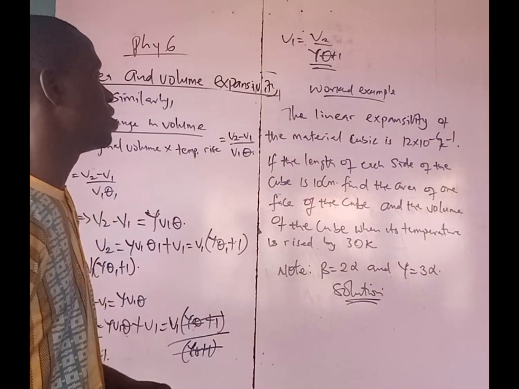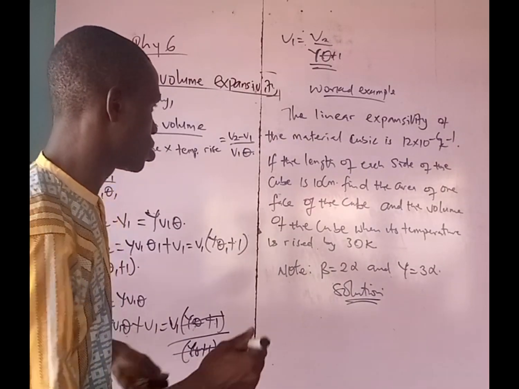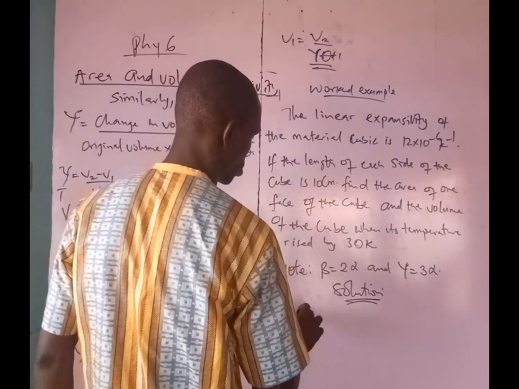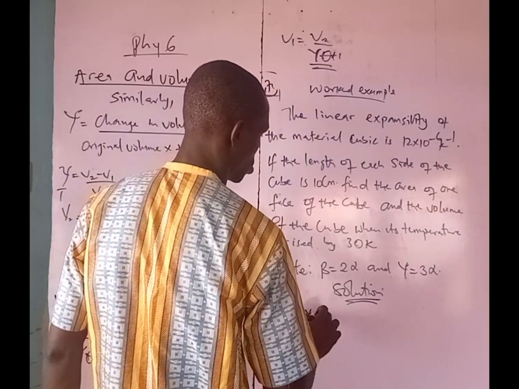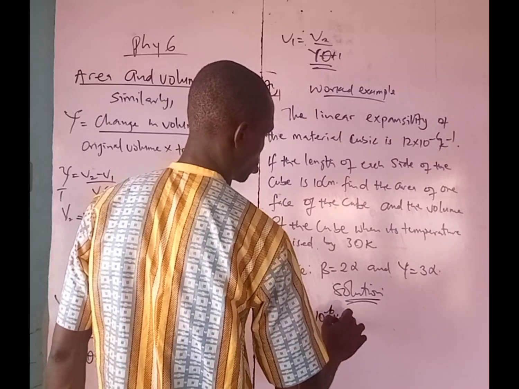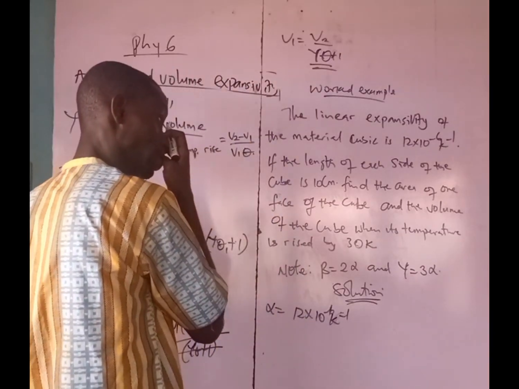A linear expansivity of material is cubic this. So this is the alpha. Then Kelvin raised to power minus 1.